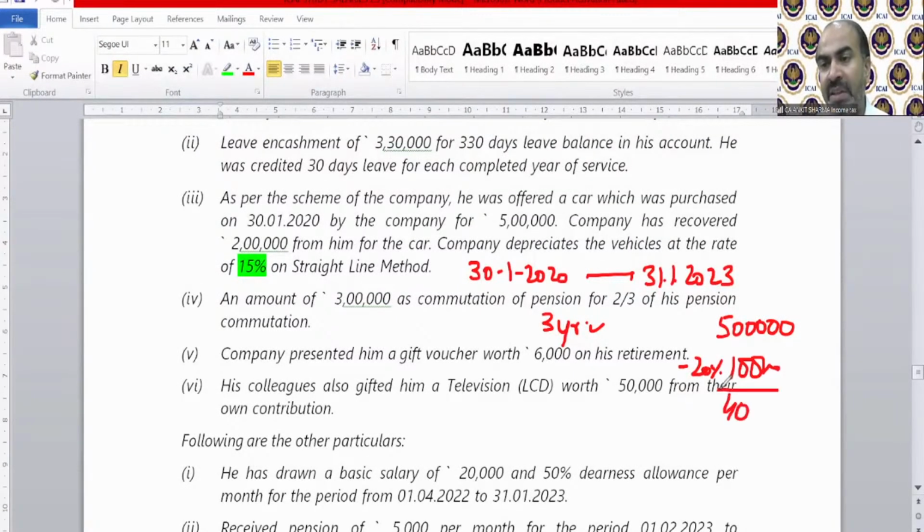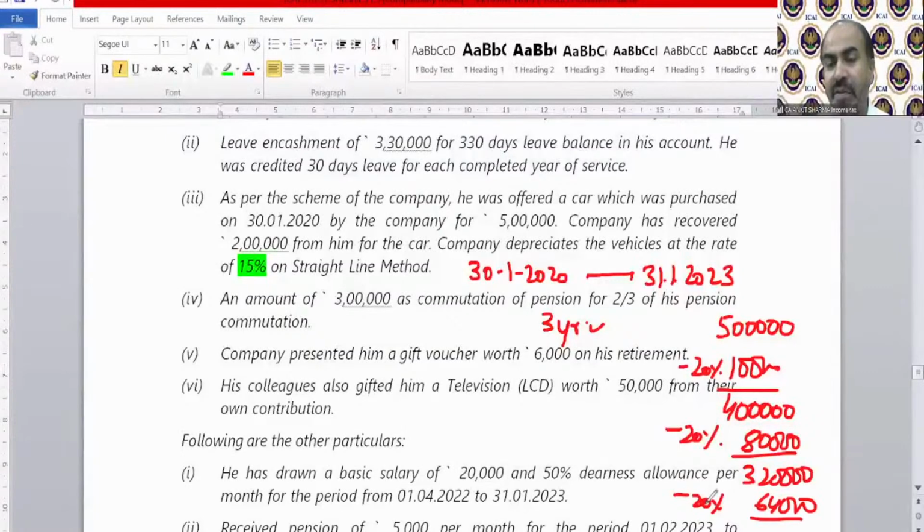Then 4 lakh rupees has been balanced. Then again 20% of this, 80,000 will be there. Then 3 lakh 20,000 is there. And then 20% of this is 64,000. And whatever balance is there, 2 lakh will be reduced from it. The balance will be 2,50,000. So 2,50,000 is the FMV of that car, which has been provided to the employee for rupees 2 lakhs. So that 50,000 will be your taxable value of perquisite as follows.